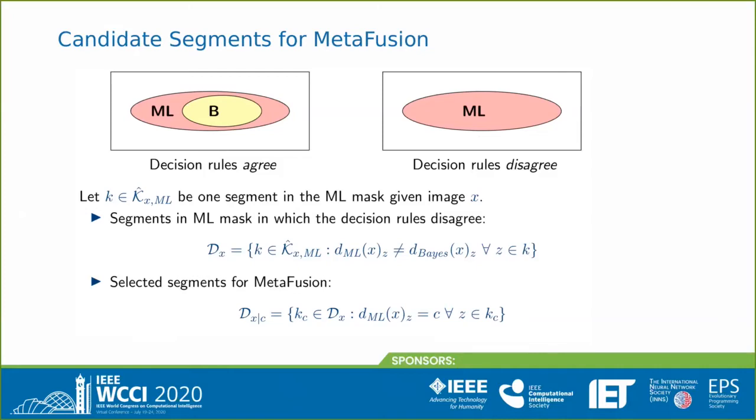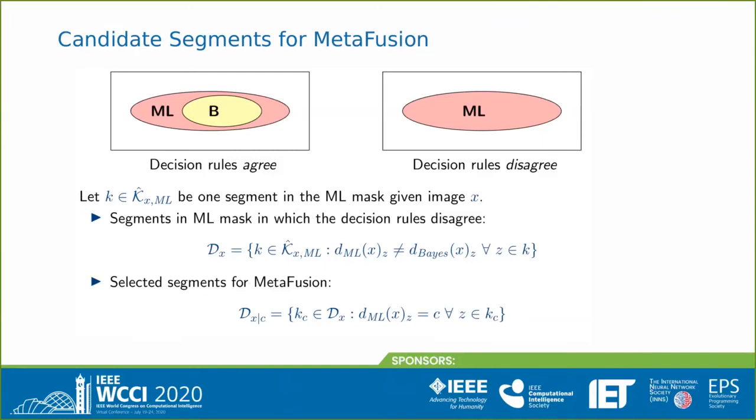In this case, maximum likelihood suggests that there is a human that might be overlooked by base. And we can rewrite this in a set notation. With K, we denote the pixels of a segment in a segmentation mask produced by applying the maximum likelihood rule after processing the image X. And with D_X, we denote the set of segments for which the decision rules disagree.